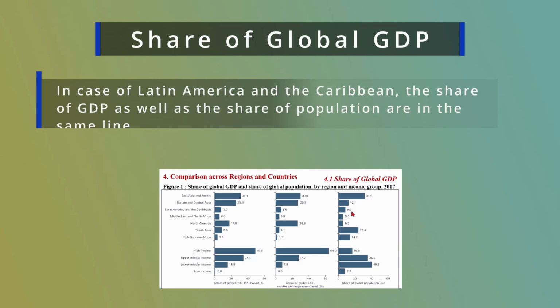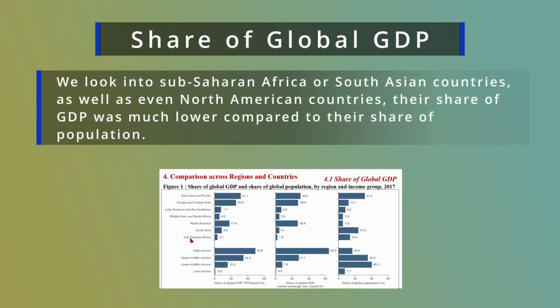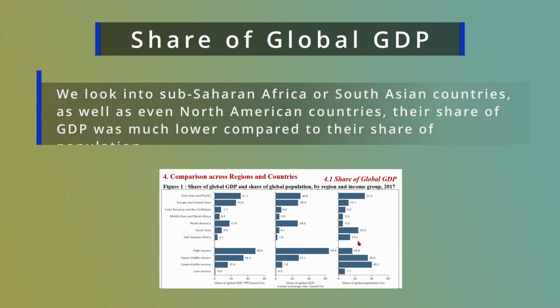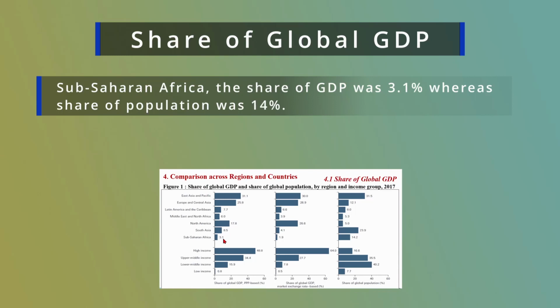But when we look into sub-Saharan Africa or South Asian countries, as well as even North American countries, their share of GDP was much lower compared to their share of population. In the case of sub-Saharan Africa, the share of GDP was 3.1%, whereas the share of population was 14%.